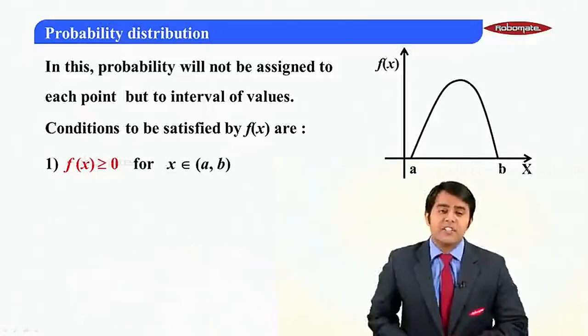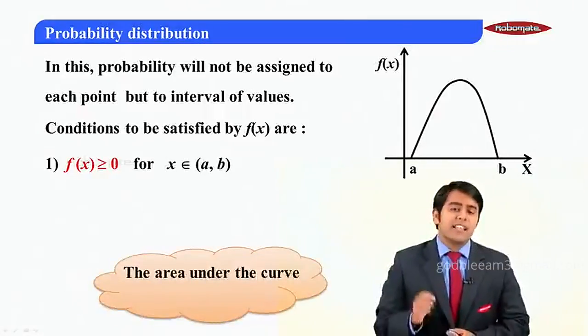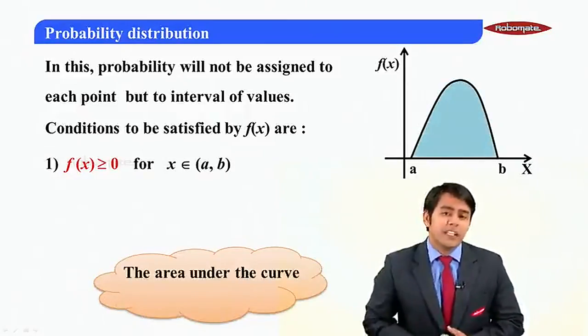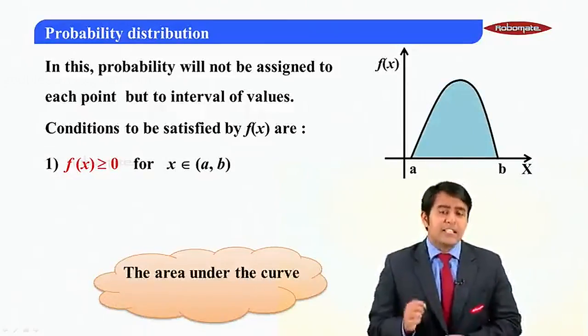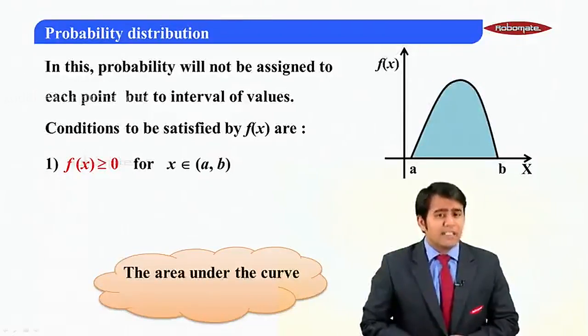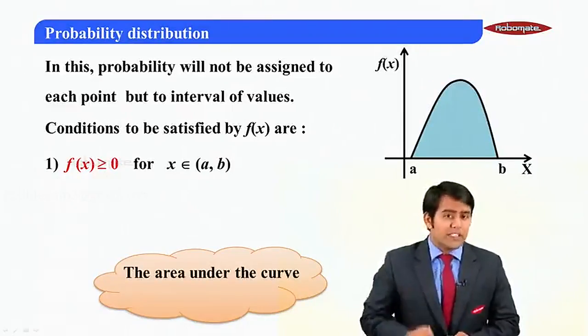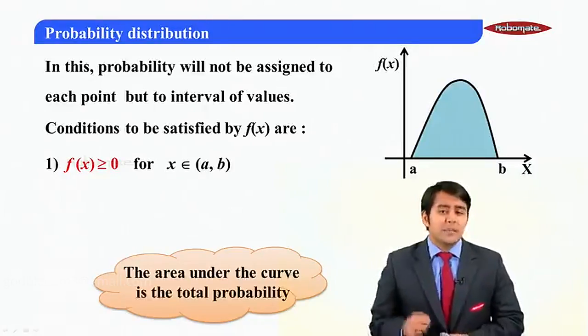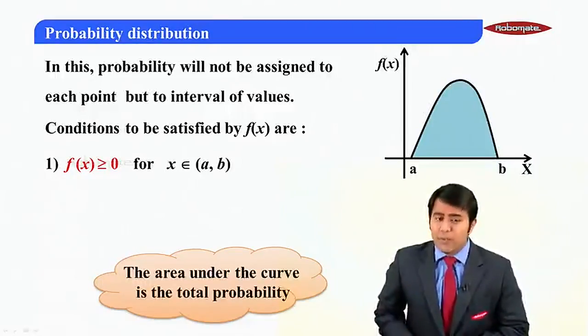For the next condition, let us try to understand this. The area under the curve, which is represented by the following shaded region, is nothing but all the probabilities in that region. So it is equal to the sum of all the probabilities in that region, but it is the total probability.